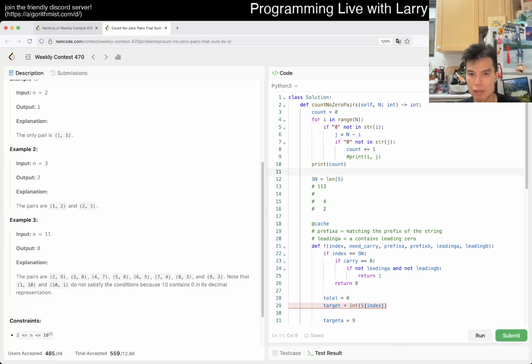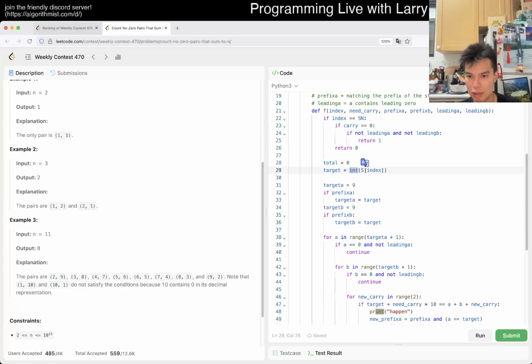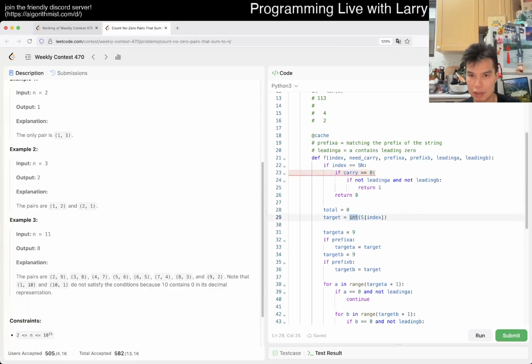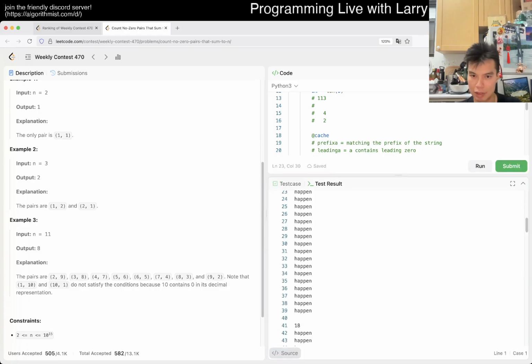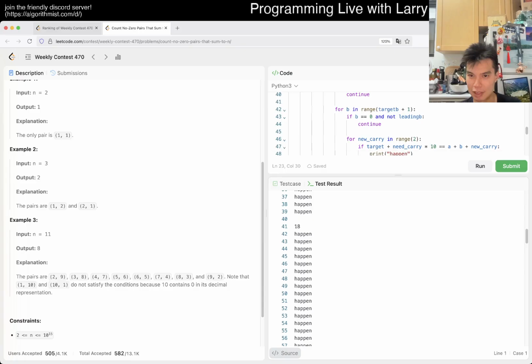Oh, wait, where is this? Oh, no, this is fine then. Carry is not defined. Yeah, I think that's fair. Okay, there's a lot of happen printed. Okay, so at least it does stuff.